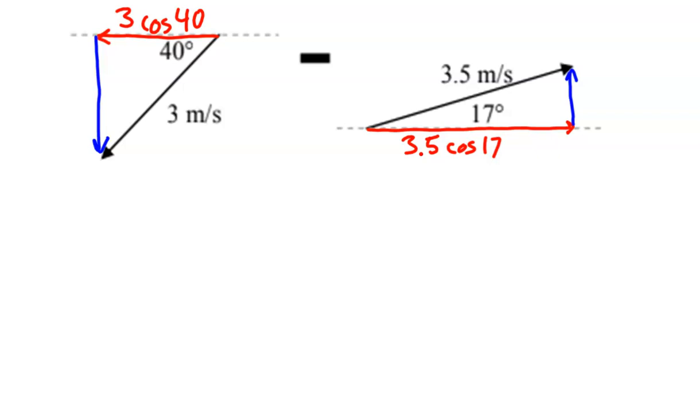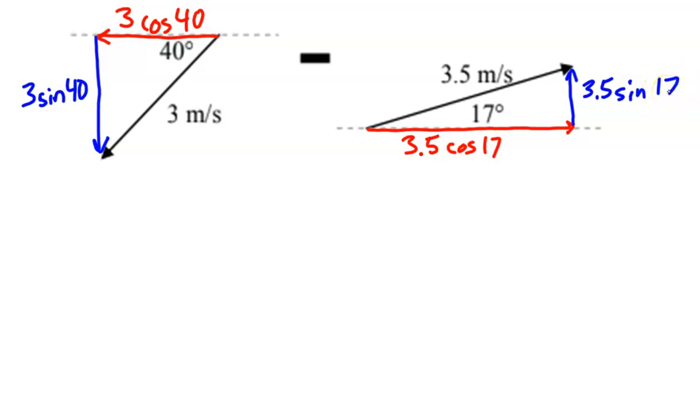And now let's switch back over to the blue. So this will be 3 sine of 40, and this one will be 3.5 sine of 17.